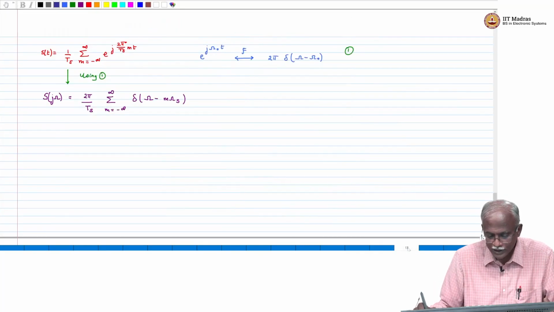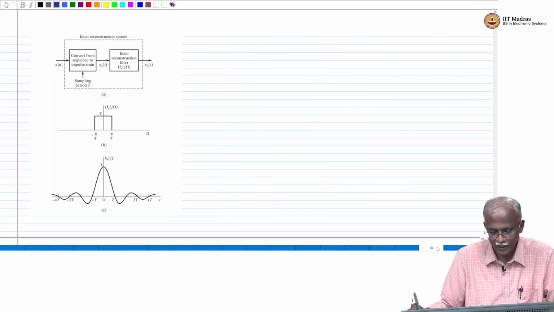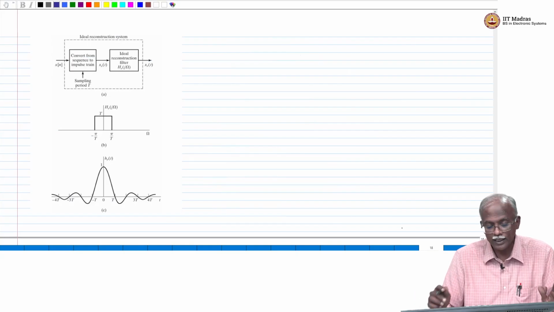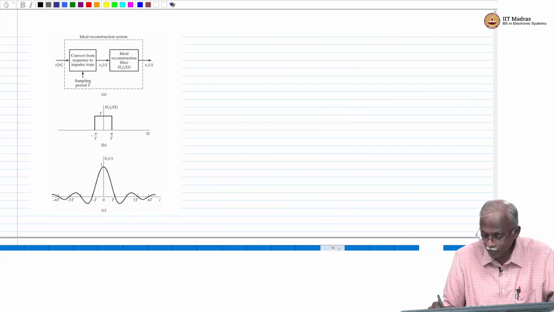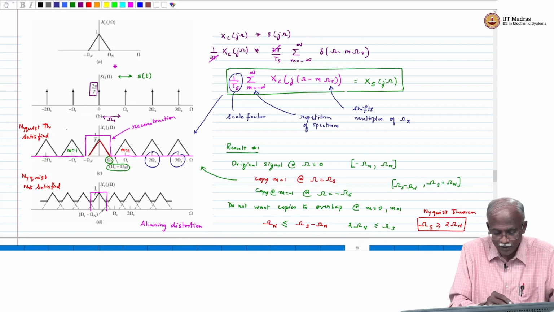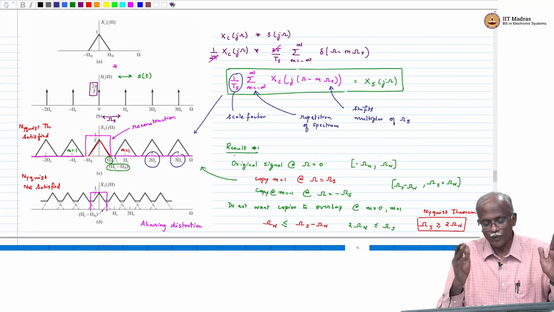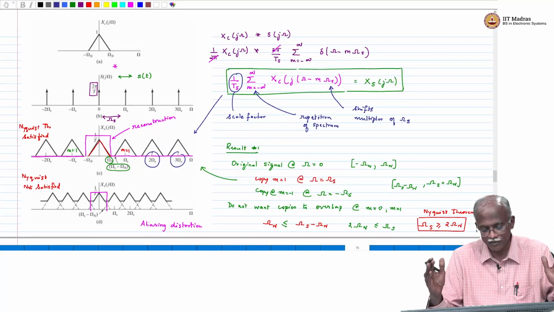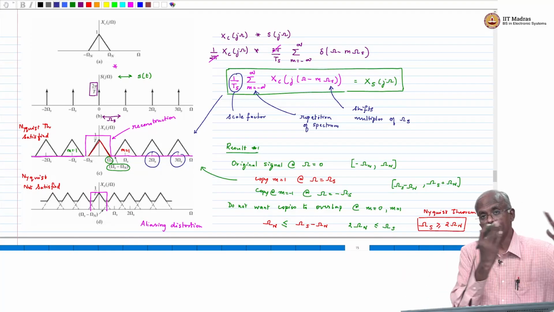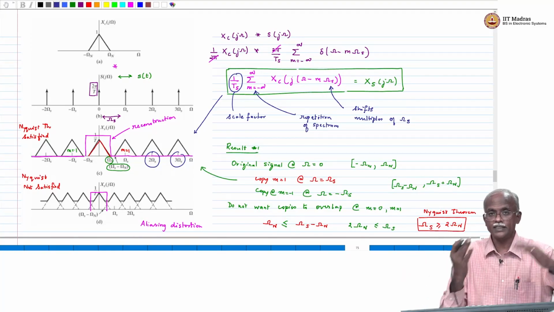So, what we will see in the subsequent lectures is to look at what is the process of reconstruction. Remember, we said that the process of reconstruction is the pink ideal low pass filter. We would like to look at what is the ideal reconstruction filter, how do we get the continuous time signal back from the discrete time.